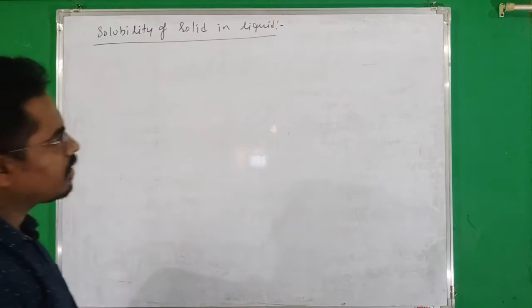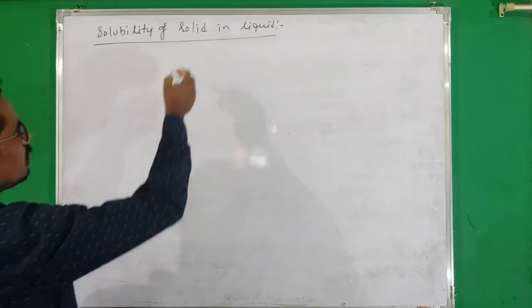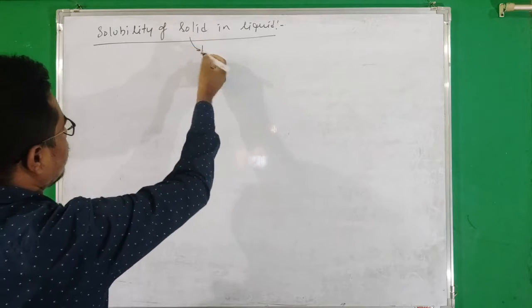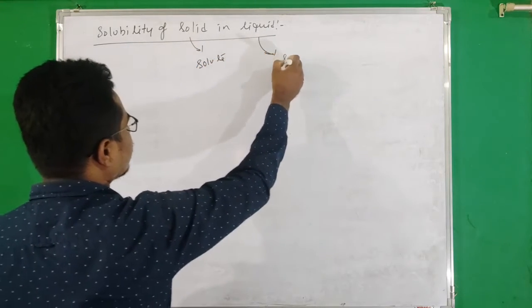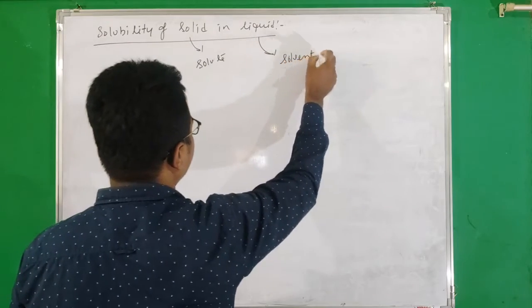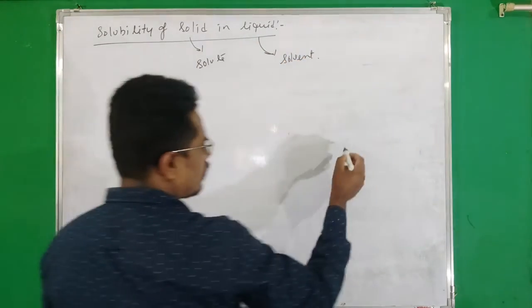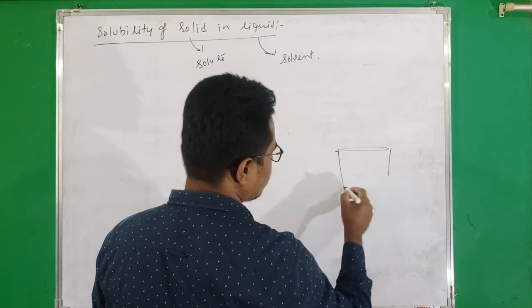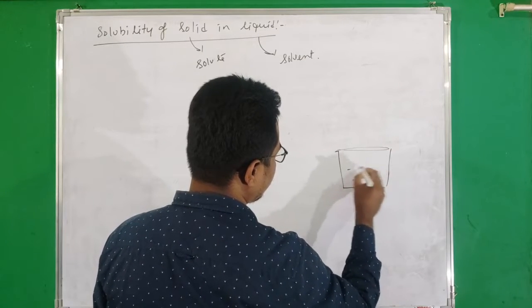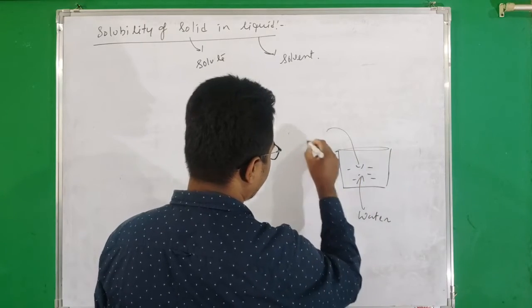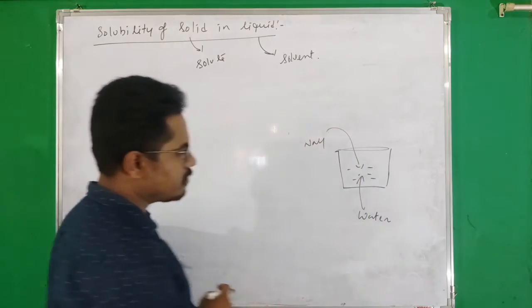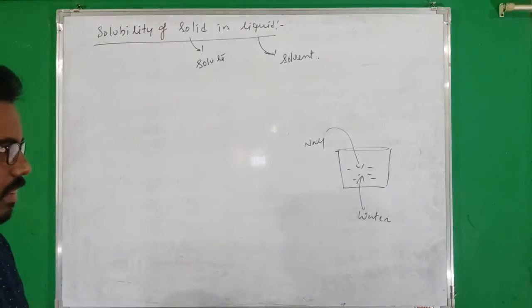In this case, the solid behave as solute and the liquid is solvent. Okay, again I can take example of this solution. So that means water and sodium chloride. We have added sodium chloride in water.